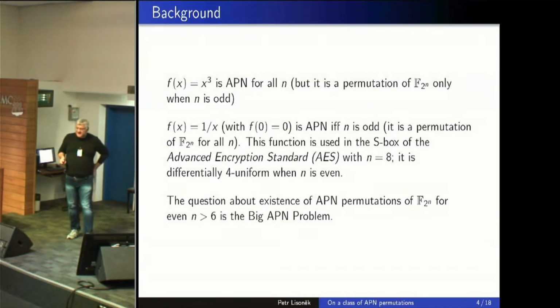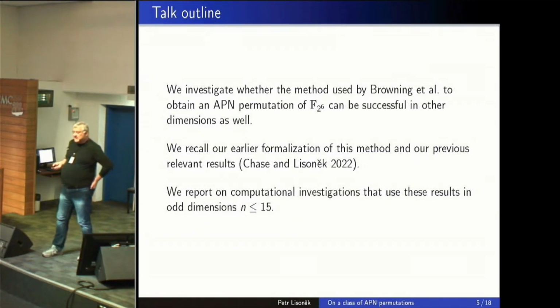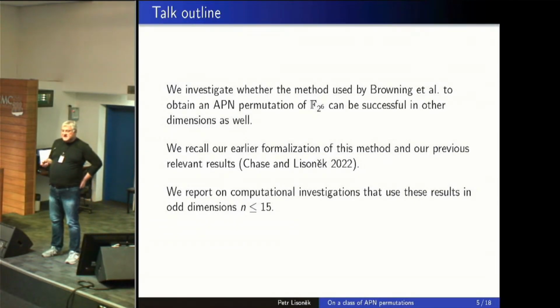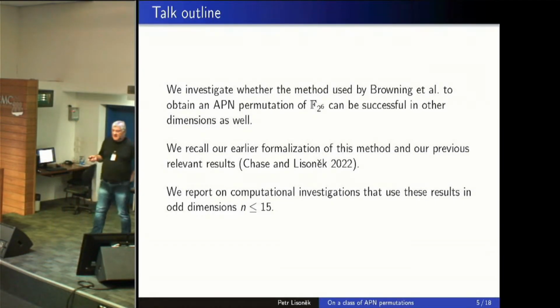C-Ham mentioned yesterday that this is considered to be the big APN problem. So I'm not solving the big APN problem. All I'm doing in this talk is actually in odd dimensions, but I'm finding some hopefully new APN permutations in the odd dimensions.